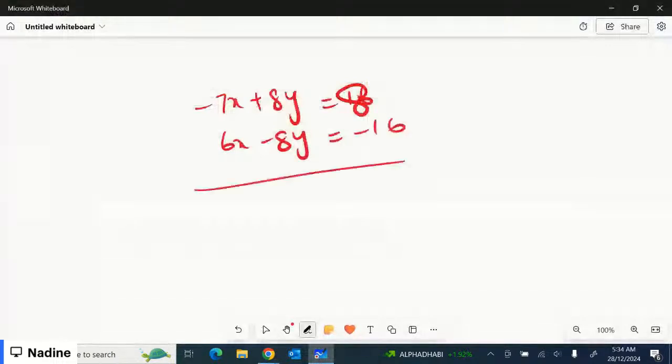Okay, so we can eliminate variable y by adding the equations, right? Negative 6 plus 6 is x. 8 minus 16 is negative 8.